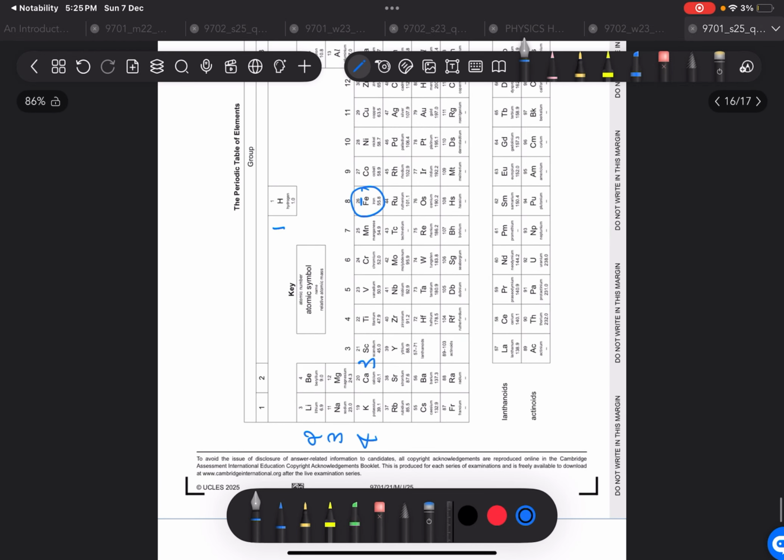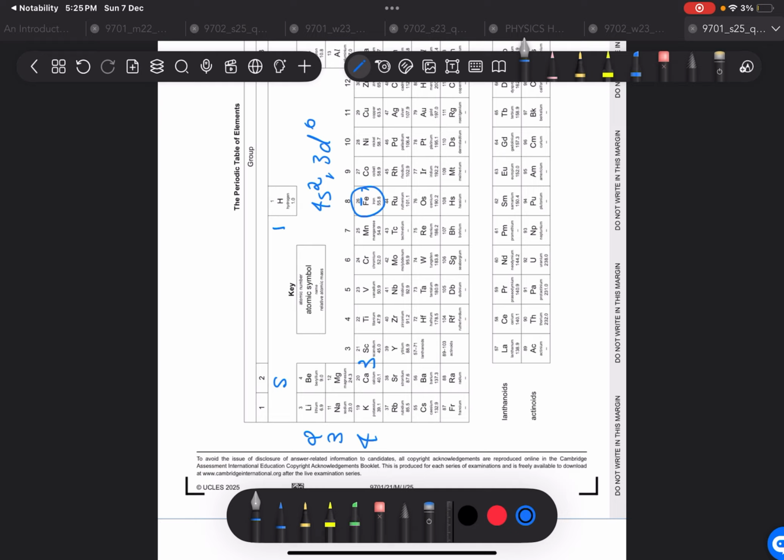So the last shell of iron is 4s2. So 4s2 and 3d6. So there are 4 pairs, right?